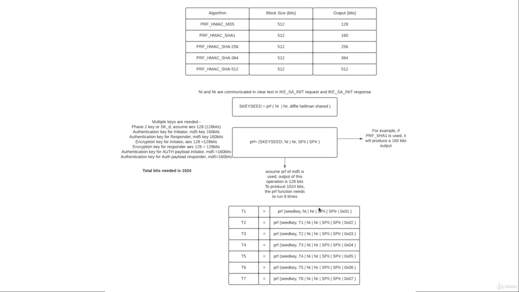The output of T0 is concatenated with the nonce initiator and responder, SPI initiator, etc., and we will append a hex value of 1 at the end. Second run we will use T1, third run we use T2 and so on. We run the iterations as many times as needed to get all the keys we need.